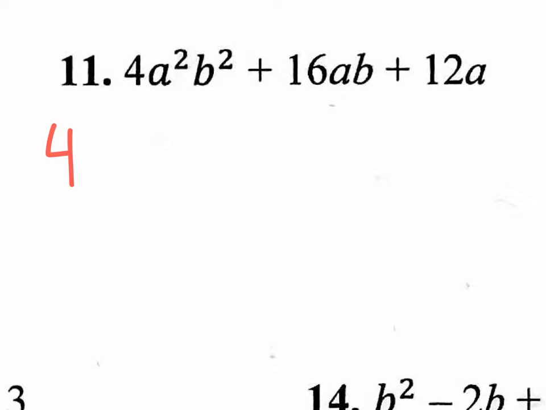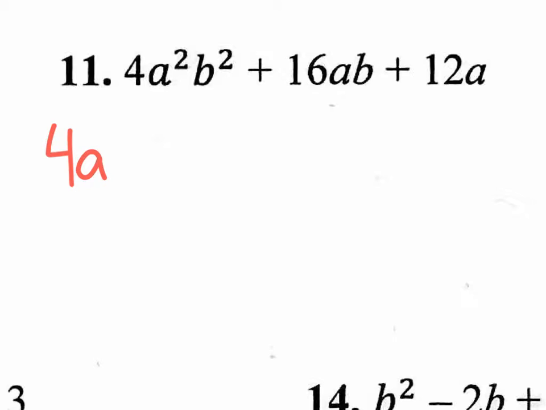And in addition to the number 4, what else could we pull out? Well, I know that there's an a squared here, an a here, and another a here. So at the very least, I could pull out one of these a's from each term. So I'm going to pull out one a in addition to the 4.